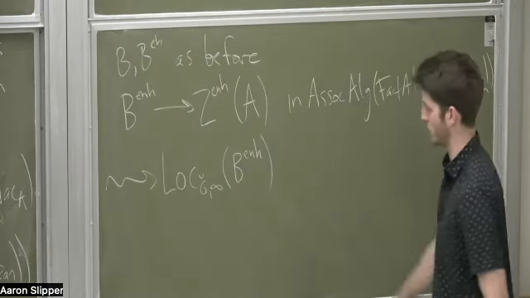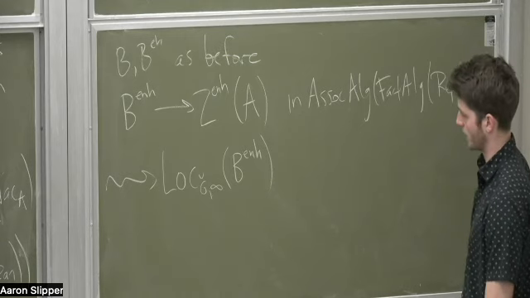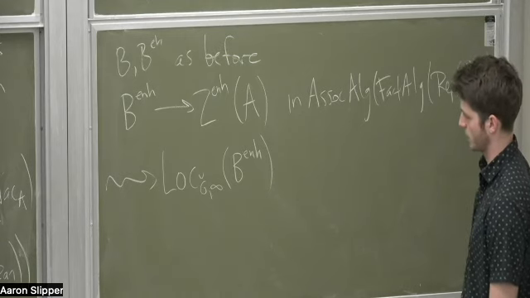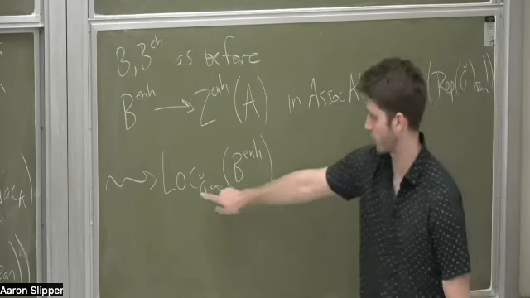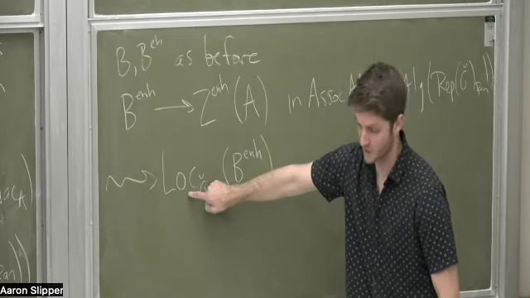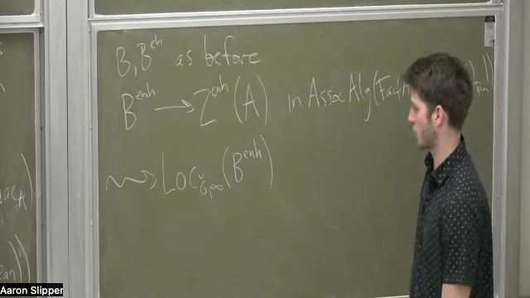So first of all, I can do this localization at infinity to be enhanced. So this is going to be something that lives in QCoh of Opers G check, and it'll actually be a commutative algebra, right? Because I proved that this functor is symmetric monoidal on factorization.